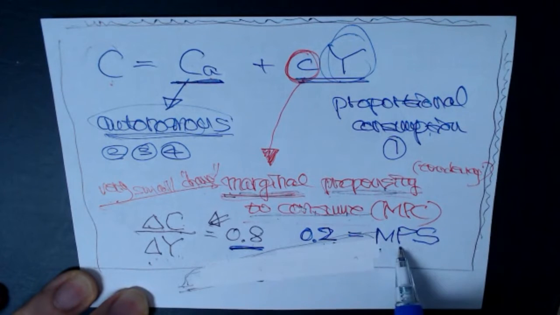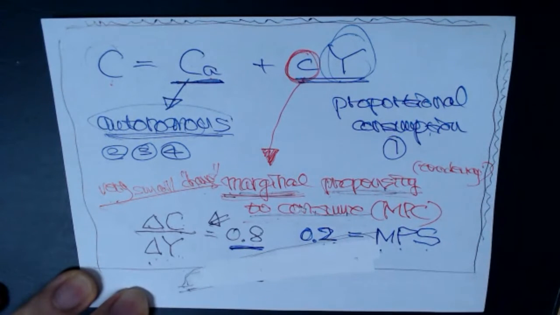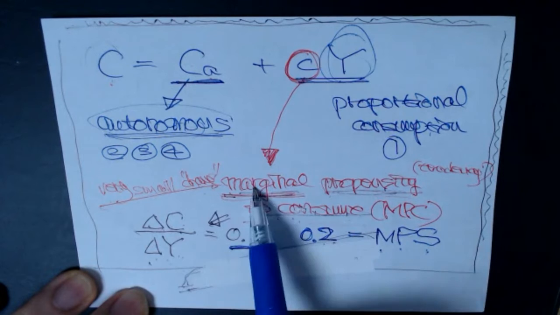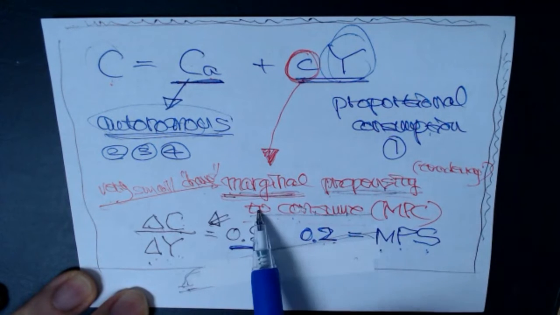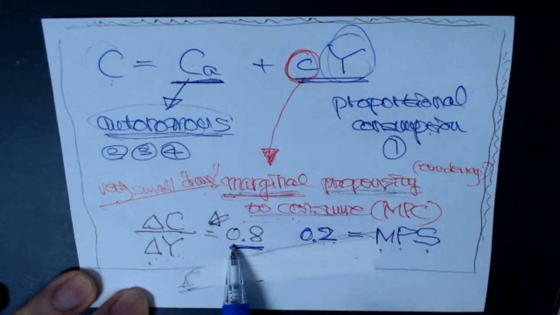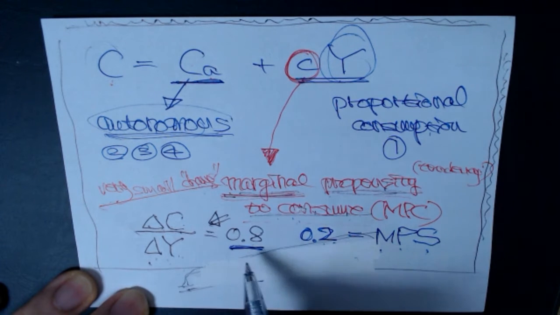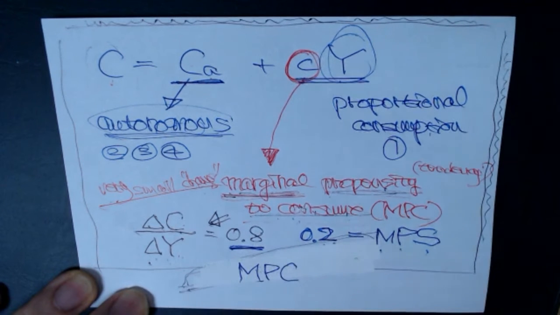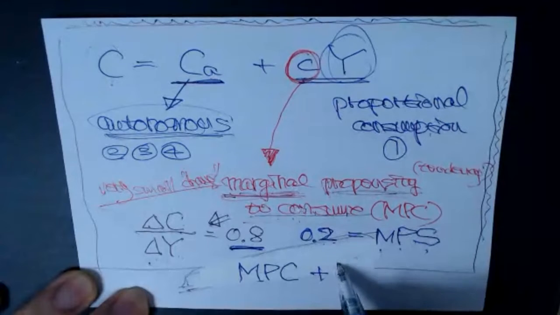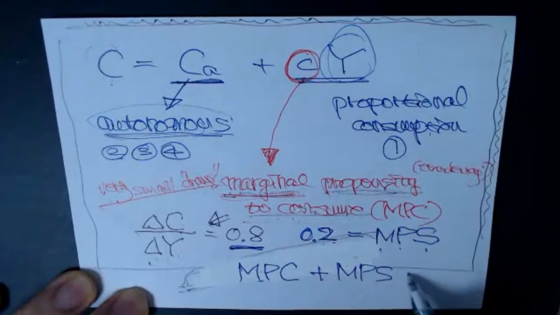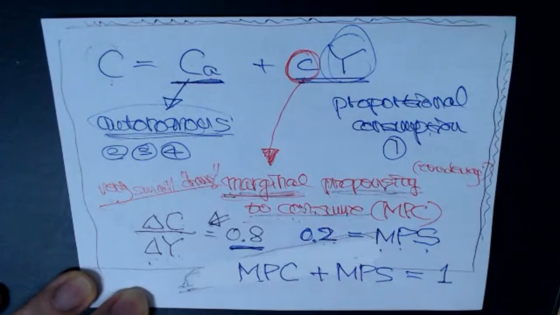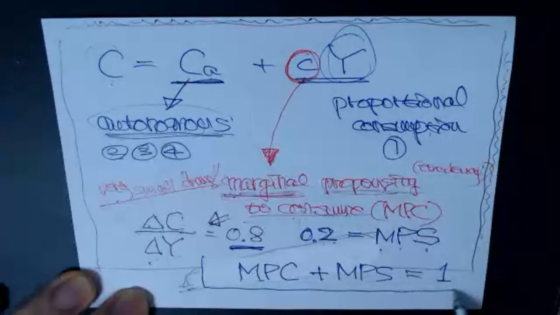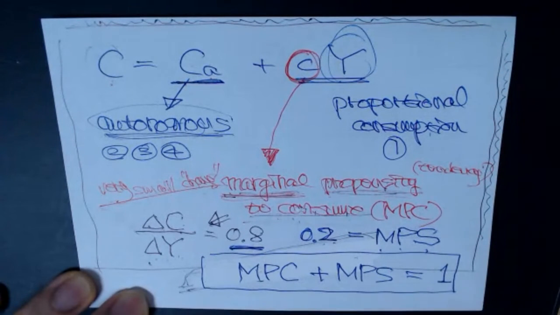MPS is the marginal propensity to save. S for save. Marginal propensity to save, marginal propensity to consume. So we have one important relationship here: MPC plus MPS should be equal to 1.